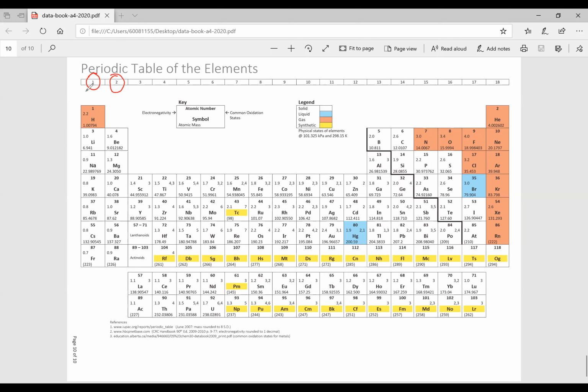Everything in group 1 has 1 valence electron. Everything in group 2 has 2 valence electrons. Pretty easy so far. We don't worry about the D group. These are the transition metals, and they're a lot more complicated when we're talking about electrons. So the D group, we can't really do anything with.